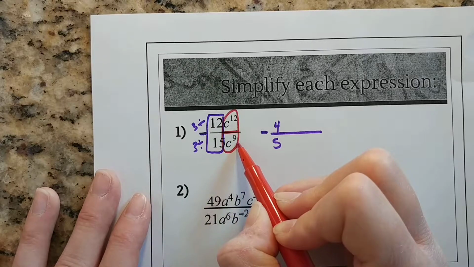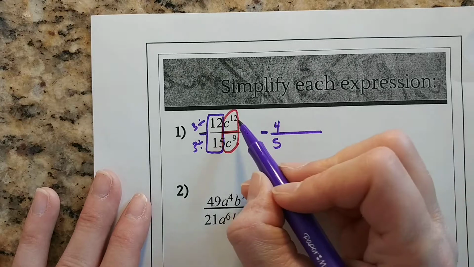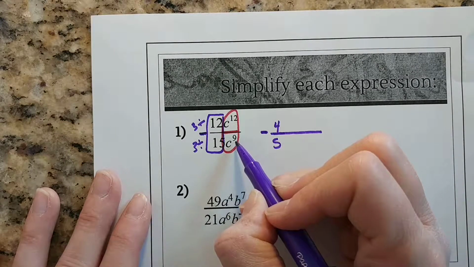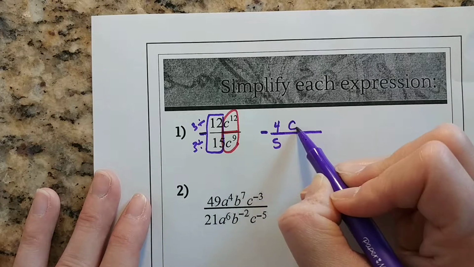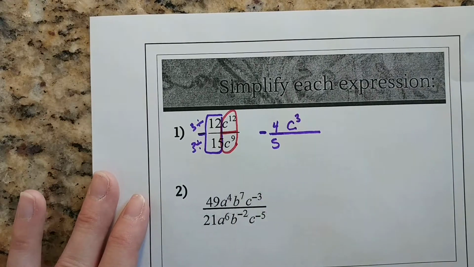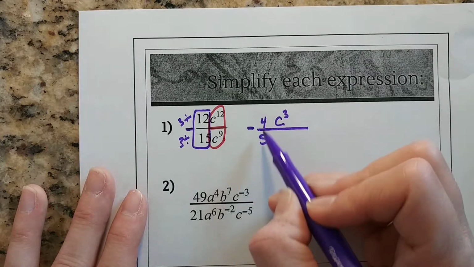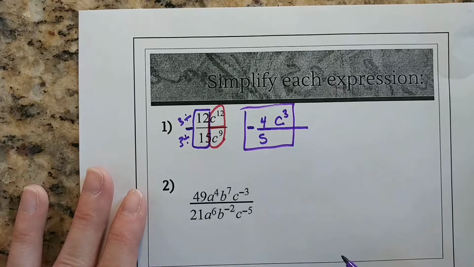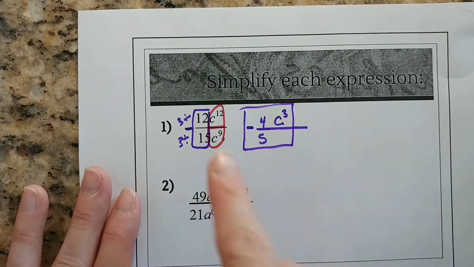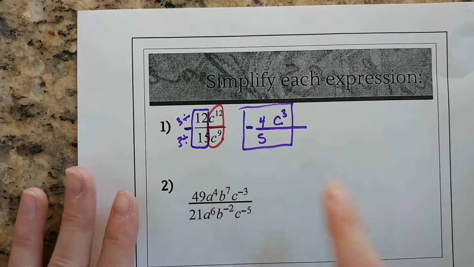When I'm dividing powers with the same base, I subtract the exponents. 12 minus 9. And the answer goes upstairs, always. So answer, upstairs. Now if I take a look at my answer here, I don't really have any more simplifying to do. I have negative 4/5 with a c to the 3rd power up on the top. There's my final solution. Okay, I just simplified the numbers out in front, and then I subtracted the exponents.